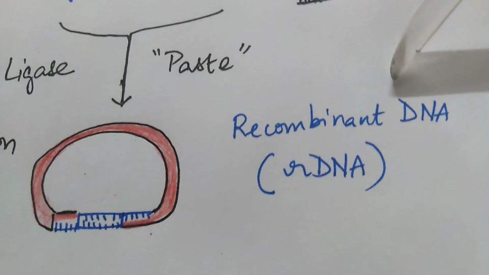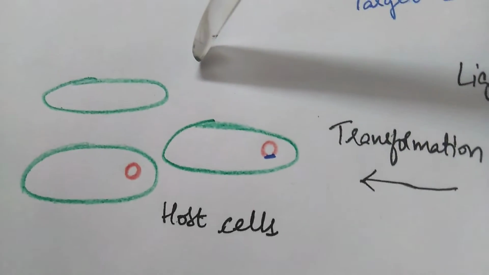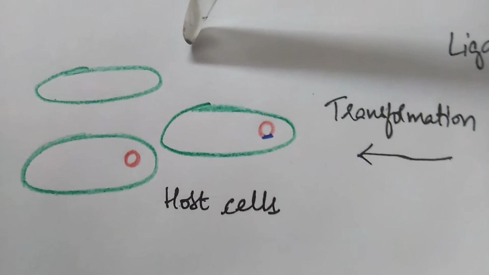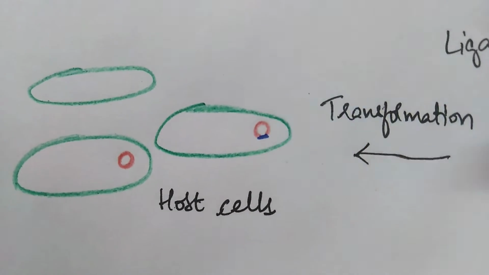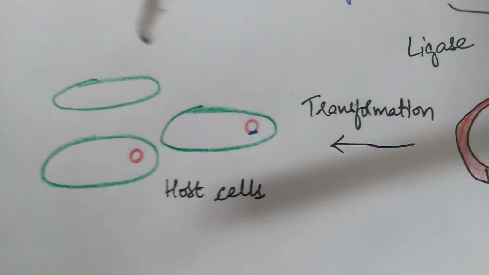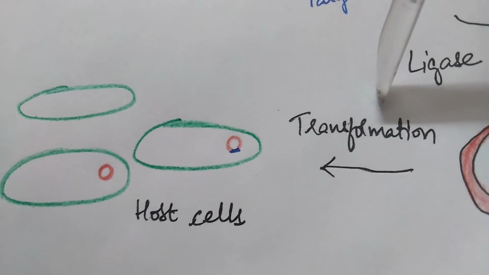Once the recombinant DNA molecule is ready, we insert it into living host cells. We can use prokaryotic cells or eukaryotic cells. This insertion of the recombinant DNA molecule inside the host cells is known as transformation.